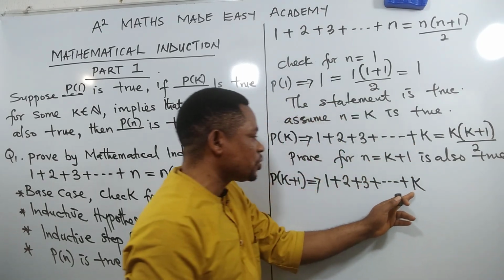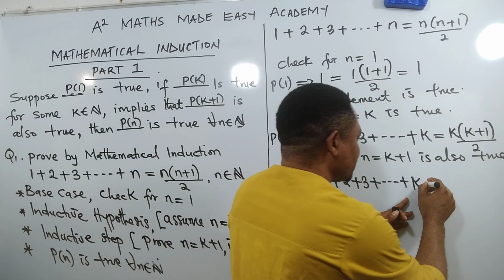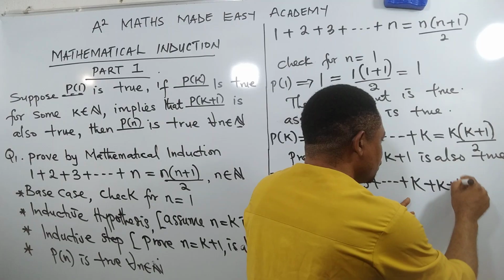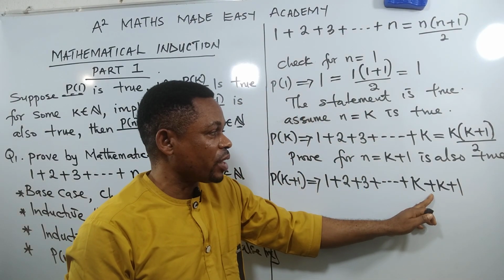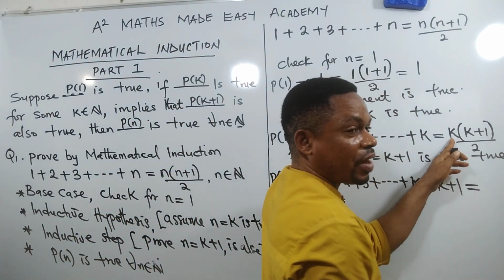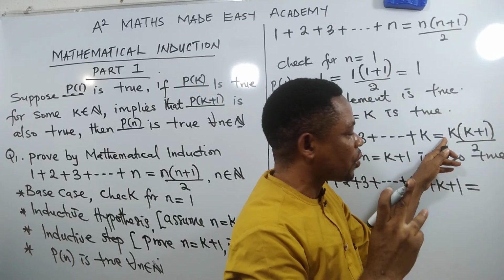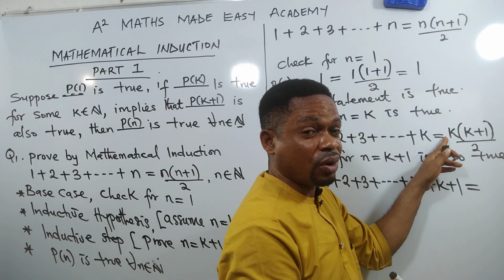Now what happens to the left hand side under the third case? Always add k plus 1 to the left. Am I communicating now? Always add k plus 1 to the left. Then let's move to the right. What happens to the right? Anywhere you come across this k, remove that k and introduce k plus 1.